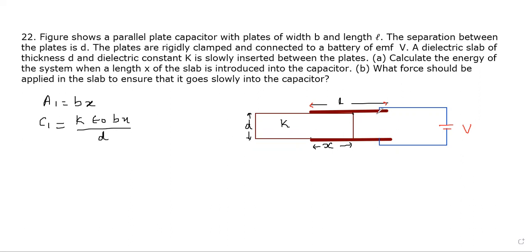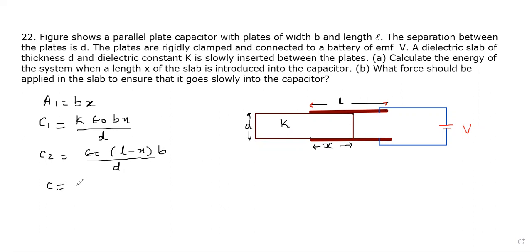Now, the capacitance of the remaining portion will be C2 equal to epsilon naught times L minus X times B divided by D. These two capacitors are connected in parallel.